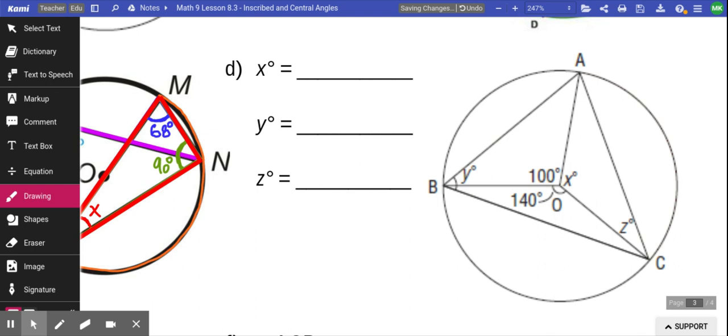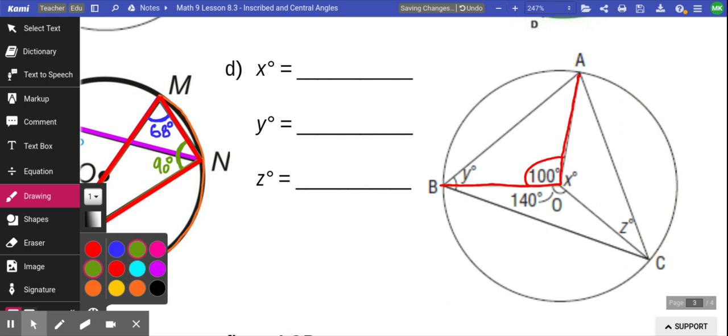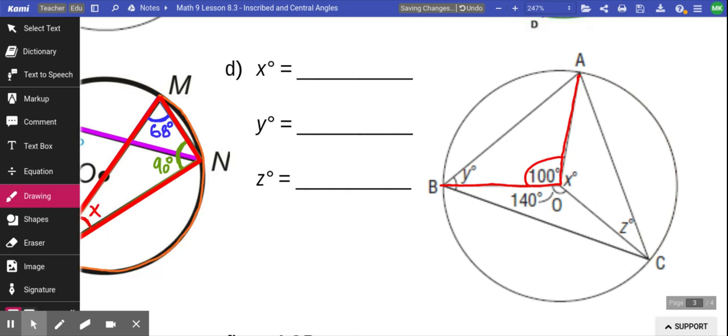Okay, so if we look, we have a couple of central angles given to us. I know they're central angles because they go to the center dot. For instance, I have a central angle right here of 100 degrees, and that's the angle that connects B to the center to A. I also have another central angle down here at 140 degrees.